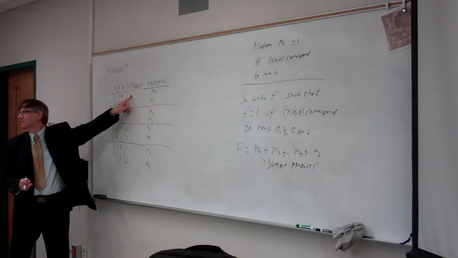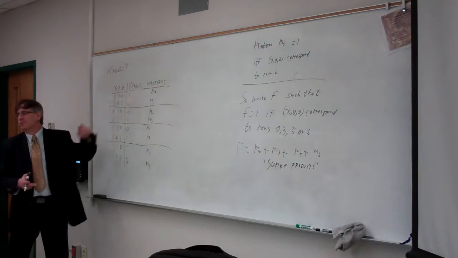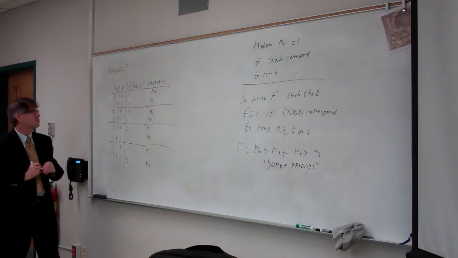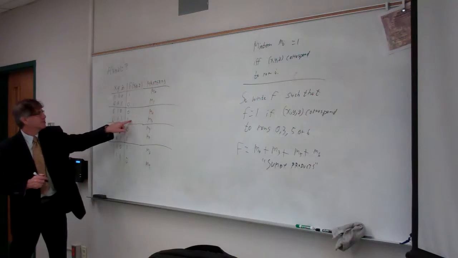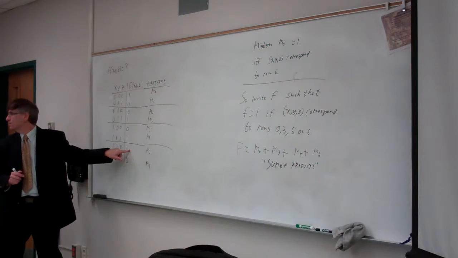Each time our function should have a value of 1. And we ORed them together. And in words, what we were saying was we want our function to be 1 if we're in this row, or this row, or this row, or this row.